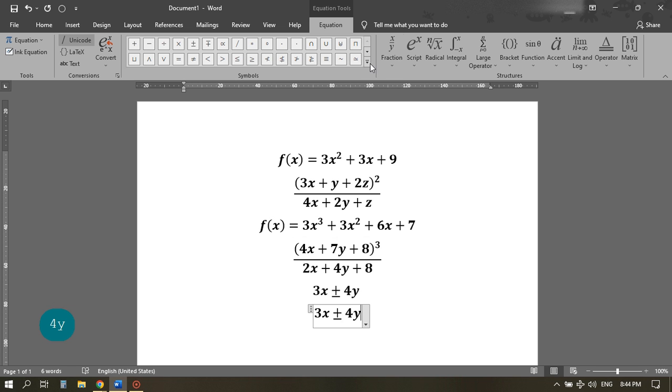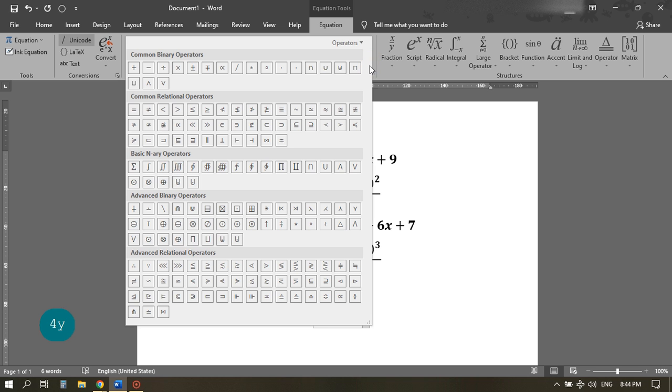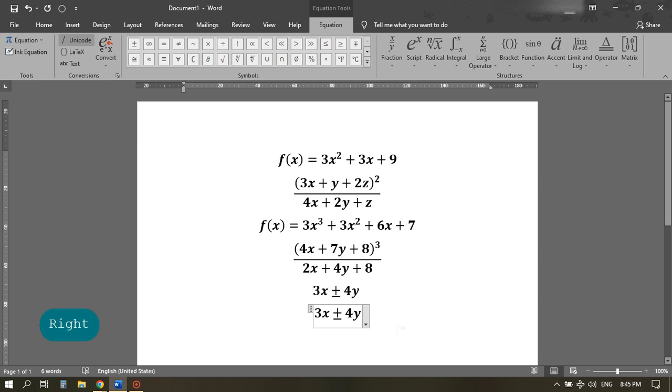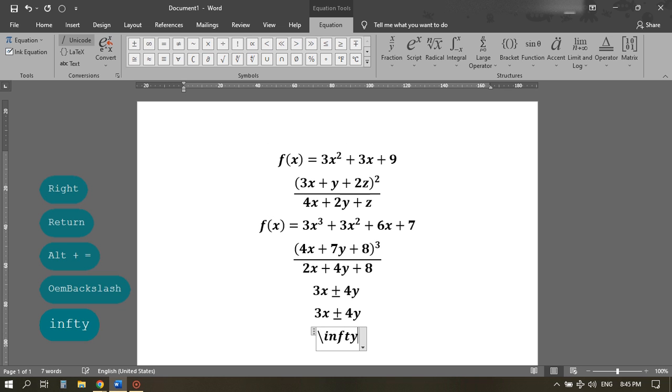If you open the simple tab and, for example, come to the basic math, just move the cursor over the box, and here is written plus minus, or it's written slash PM. Another one, for example, infinity is written slash infinity. So write it down here, slash infinity, and it's written here.